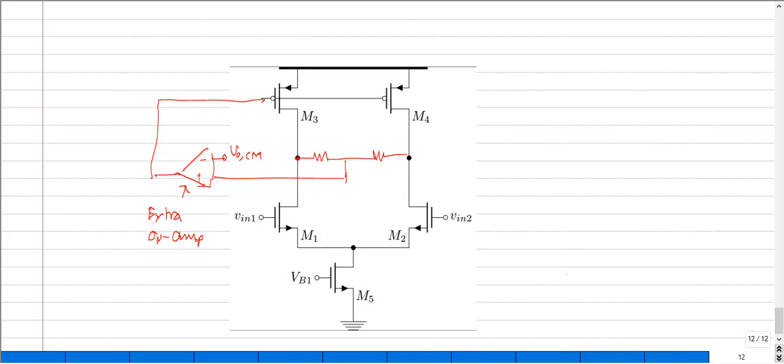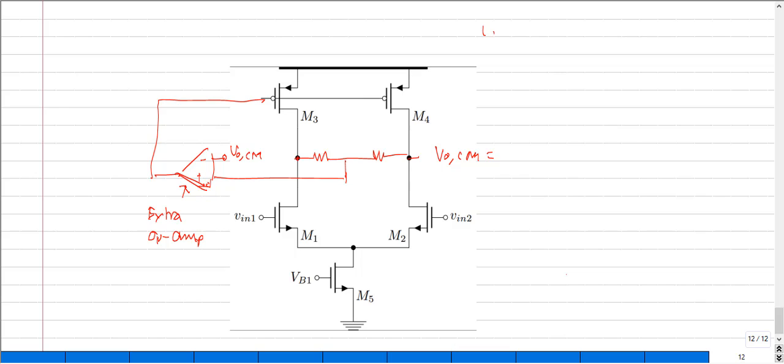So the first requirement is based on the precision at which you want this output node to have the common mode VCM at a particular value. Now, we have already seen during our class discussion, if we want the gain error to be around 1%, then we want the open loop gain of this amplifier to be around 1000.